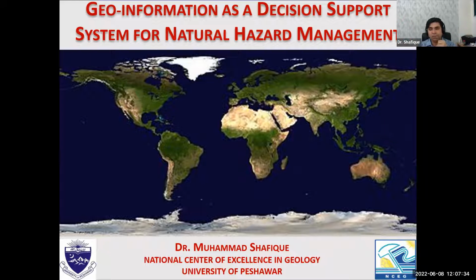You start from a whole country and identify the areas which are prone, like one district, and then within that district you do more detailed investigations to identify the specific areas potentially prone to hazards. So it is important that we do hazard assessment at multiple scales, starting from regional scale and then moving to specific areas.